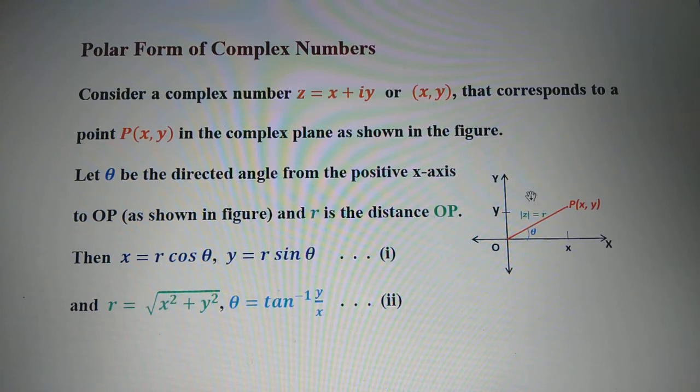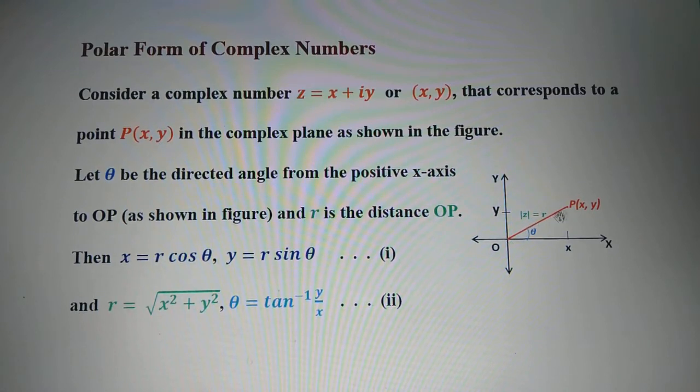This is the x-axis, this is the y-axis, and this point has the coordinates (x, y), meaning this distance is x and this distance is y. Suppose this length OP, that is the modulus of z, is denoted by r.